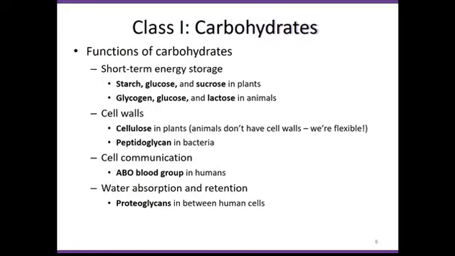We also use carbs in order to help absorb water and to help retain water. So we'll look at an example of a particular carbohydrate called a proteoglycan, another heck of a spelling, I should say. We find proteoglycans everywhere, but we're really going to focus on where they're found in humans, because, you know, we're selfish like that.